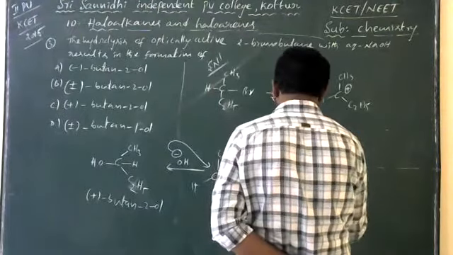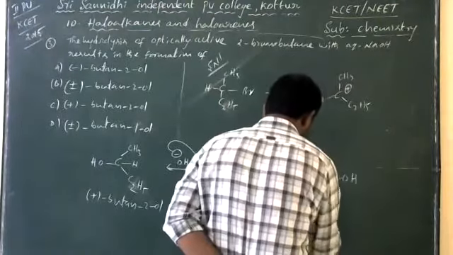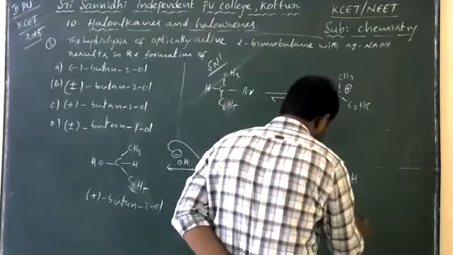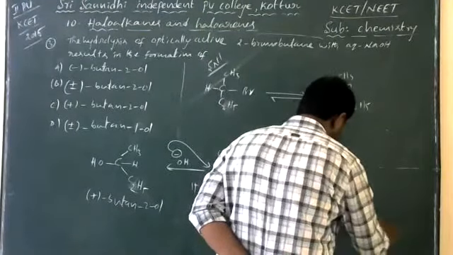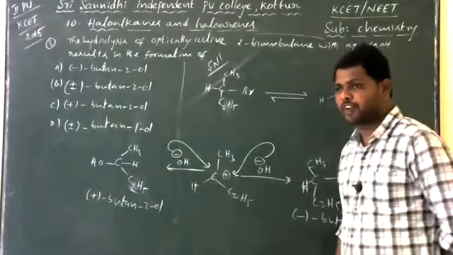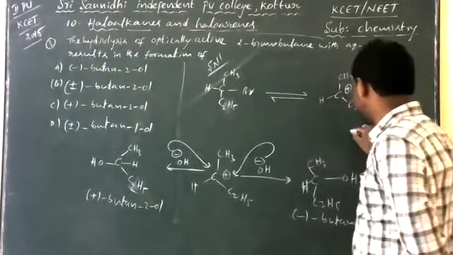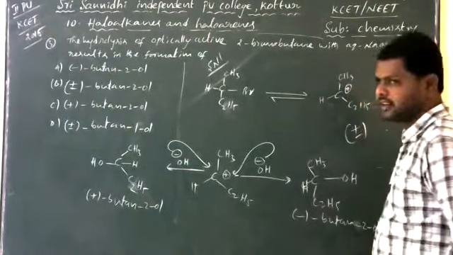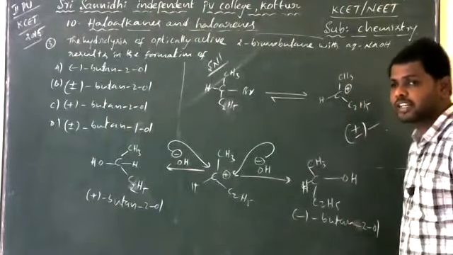Plus or minus indicates dextro and laevo. This mixture is called a racemic mixture, containing equal proportions of enantiomers, indicated by plus or minus. That's why plus or minus butane-2-ol forms, which is also called a racemic mixture.